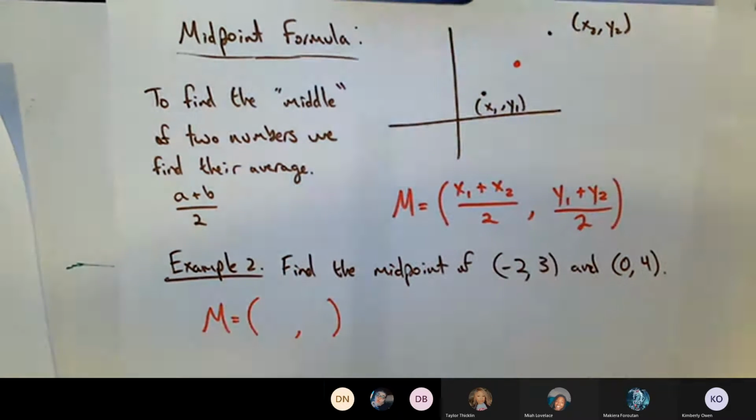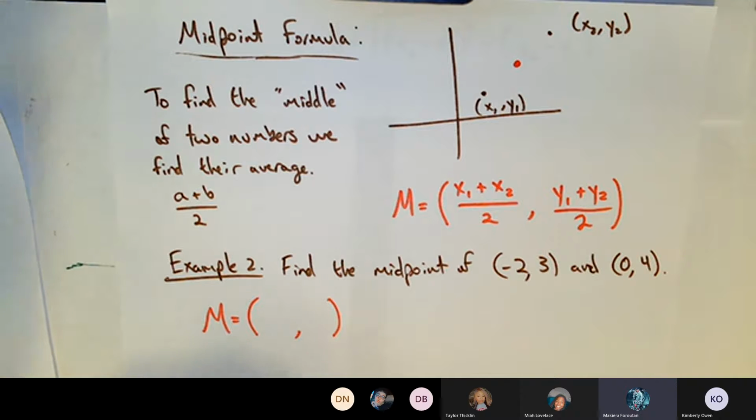Okay, Makira, what did you get for the x value of the midpoint? Give me 1 second. I was doing something. Okay, that's fine. Let's see, while we're waiting, let's see.